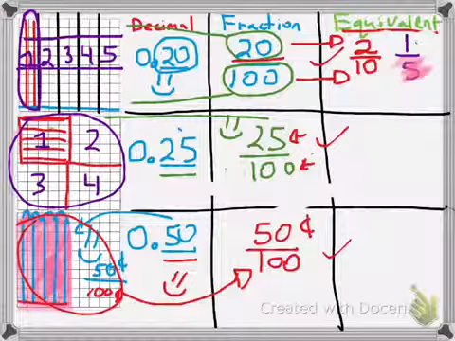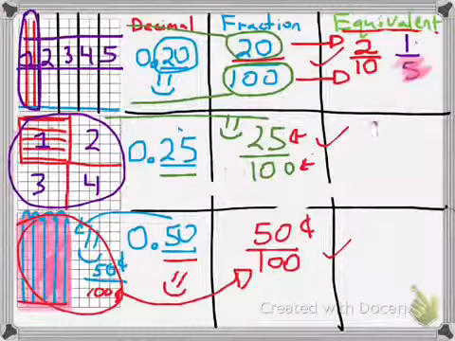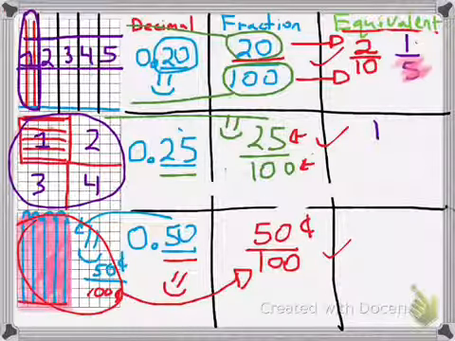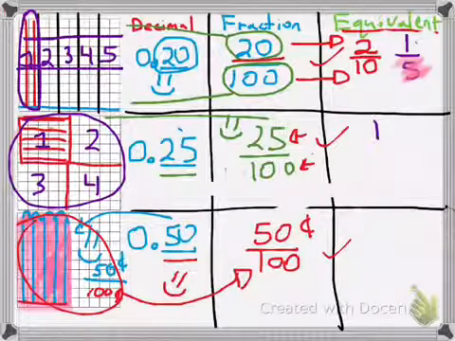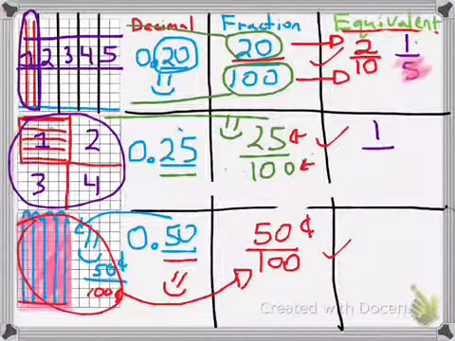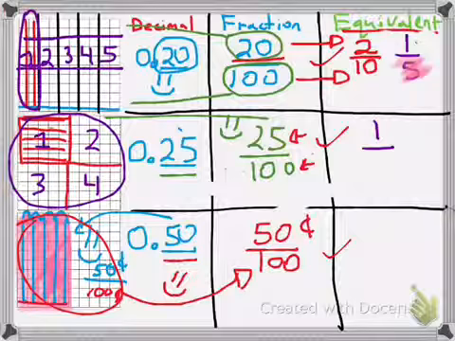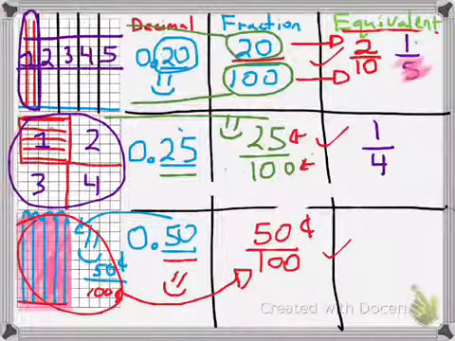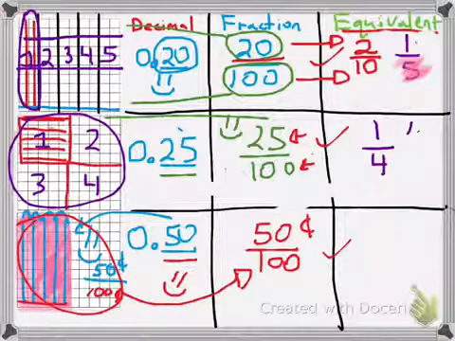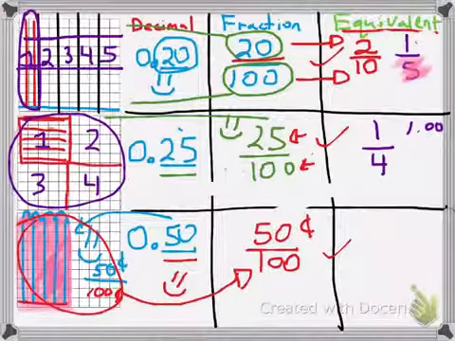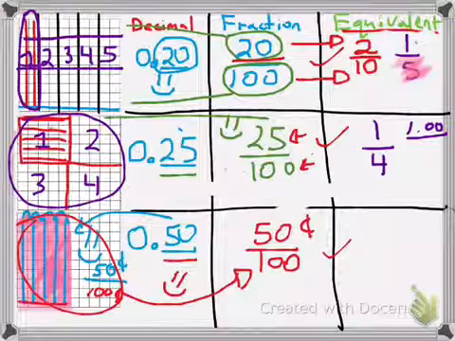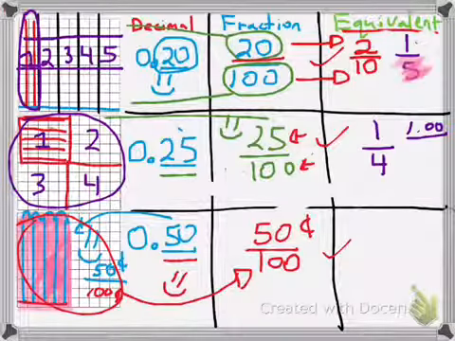So right away we know that our numerator can be 1 on top, because we have one group of 25 that's shaded in, and our denominator on the bottom can be 4, because inside of 100, just as inside of $1, we have 4 groups of 25.